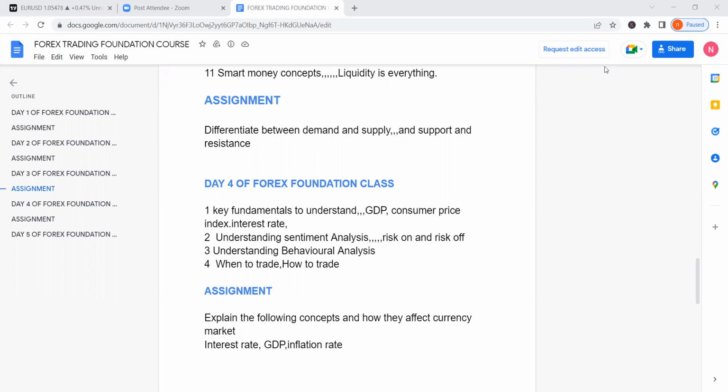GDP is the total productivity, the total summation of productivity of a country. When I say total productivity, some people will ask, somebody that is a dry cleaner, is he producing anything? No, but he is rendering a service.